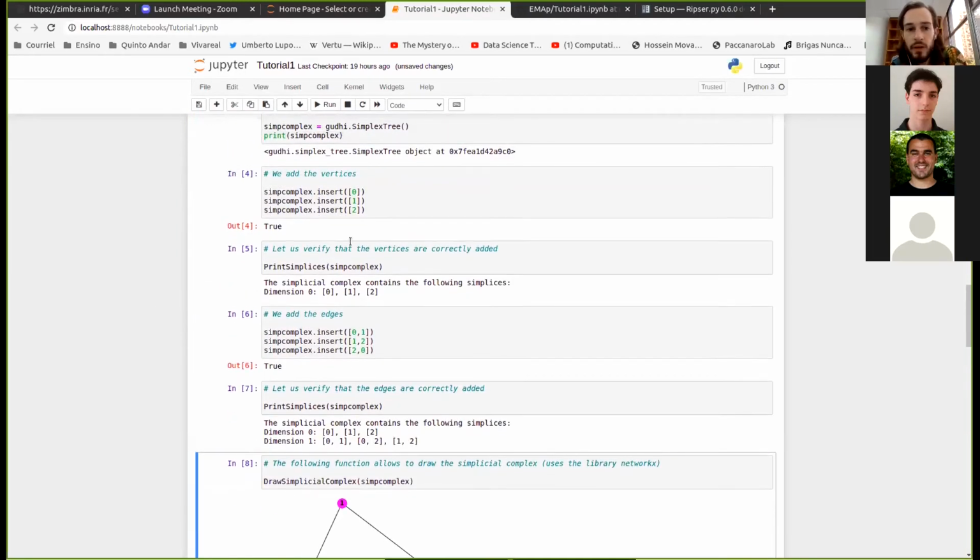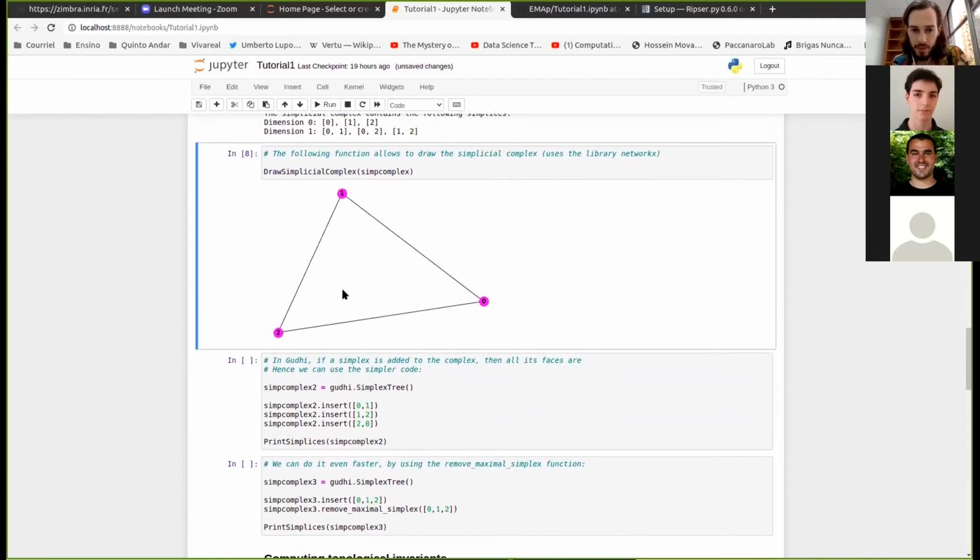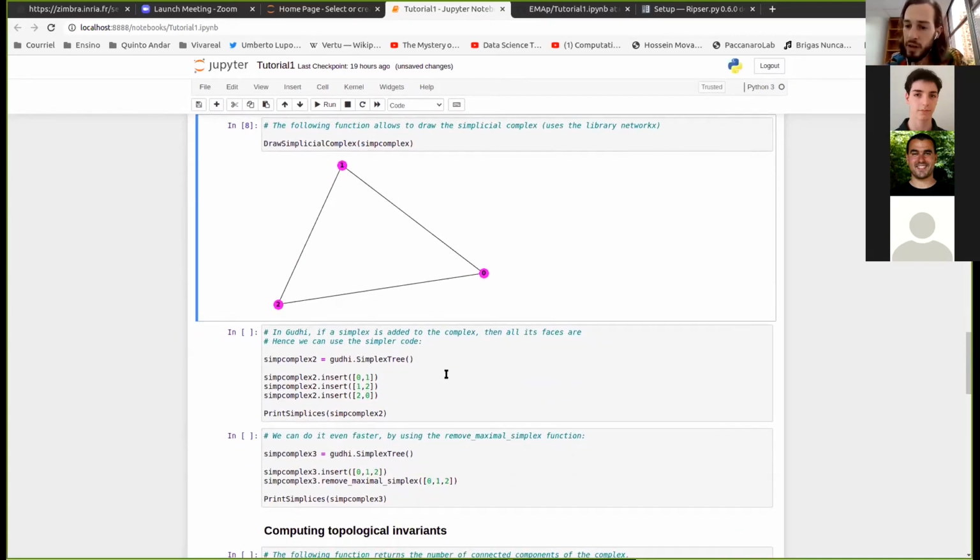So this is a bit boring to add vertices and then to add edges. There is a way to do it faster in the Gudhi library. If you add a simplex, all the faces of the simplex are added at the same time.